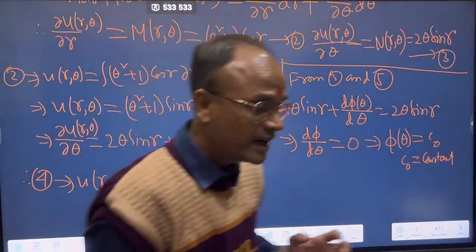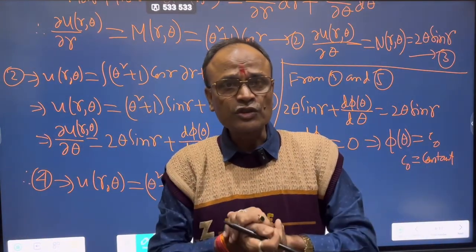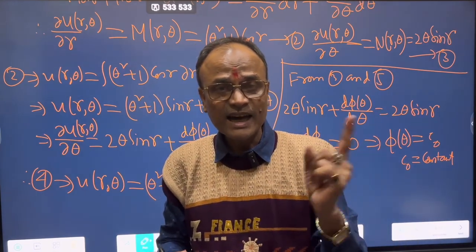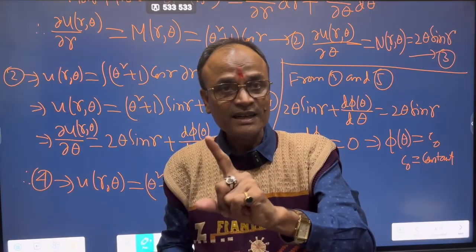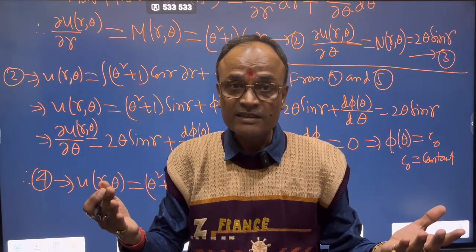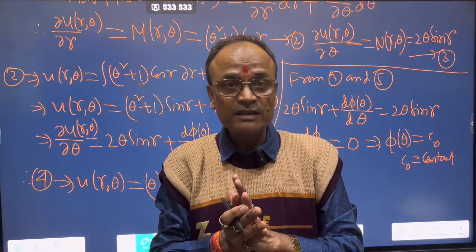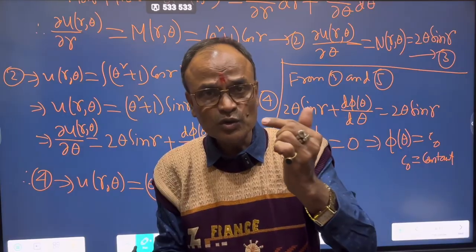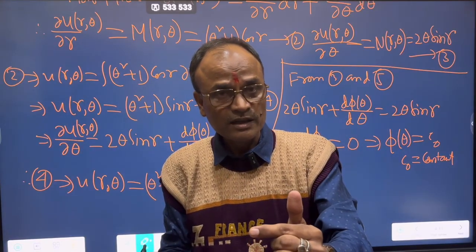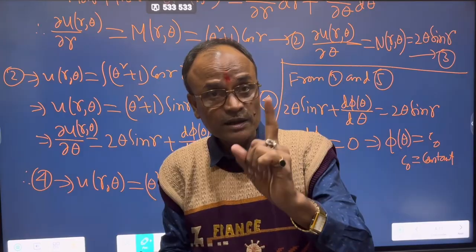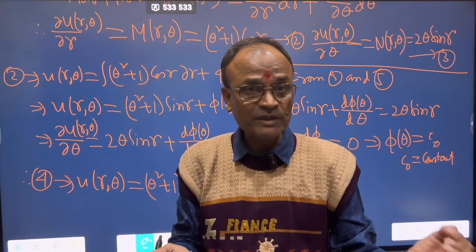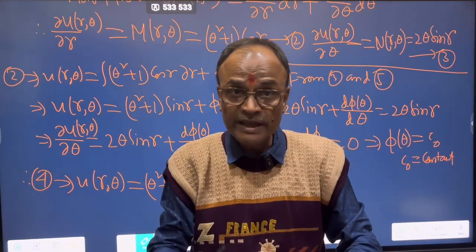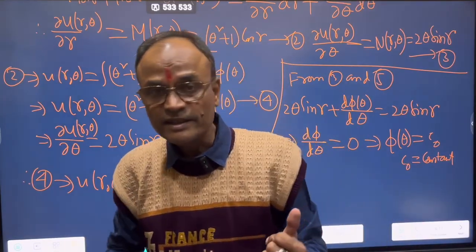Now, the differential equation M(r, θ) dr plus N(r, θ) dθ equals 0 is exact, and since it is exact, M dr plus N dθ is equal to du. The given differential equation is M dr plus N dθ equal to 0. Therefore, du equals 0. The solution will be u equal to constant.